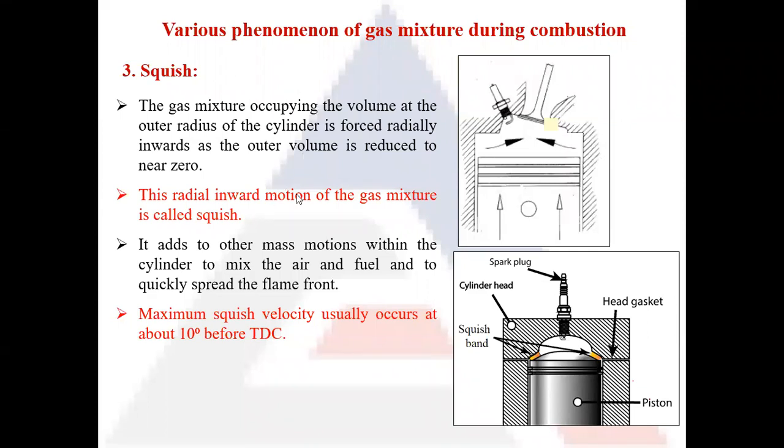Okay. Now this radially inward motion also helps in intermixing of the air and fuel, and to achieve the turbulence inside the combustion chamber during the compression stroke. Now maximum squish velocity occurs about 10 degrees before the top dead center during the compression stroke.